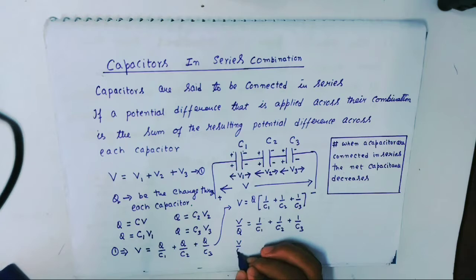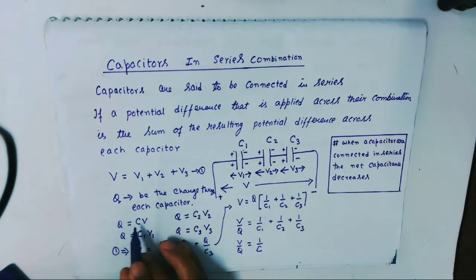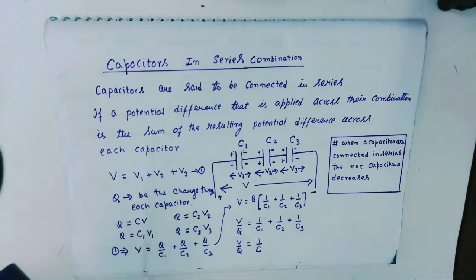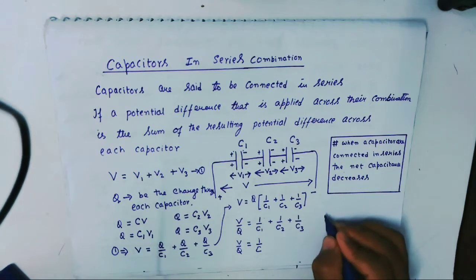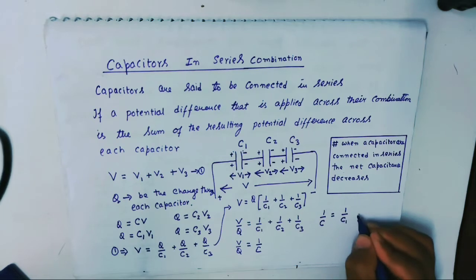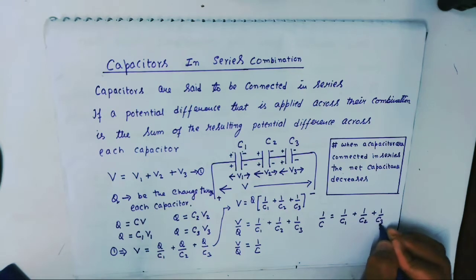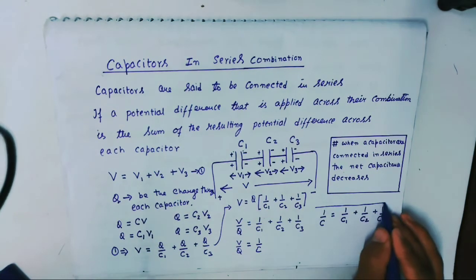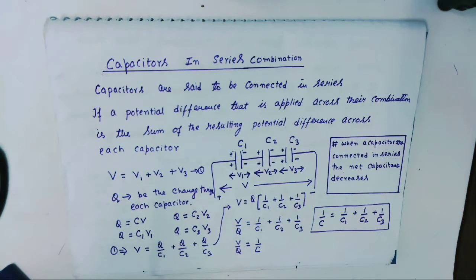This V by Q, it is equal to 1 by C. So, therefore, we can write 1 by C is equal 1 by C1 plus 1 by C2 plus 1 by C3. So this is the equivalent capacitance for a series combination.